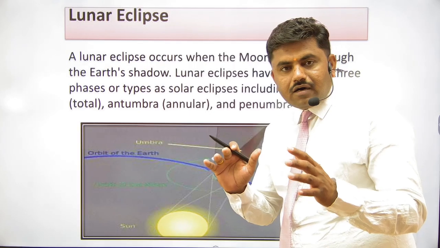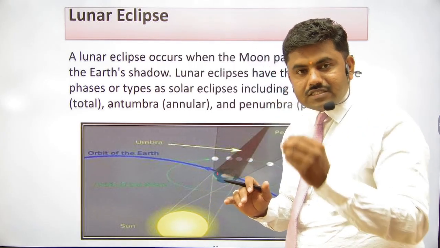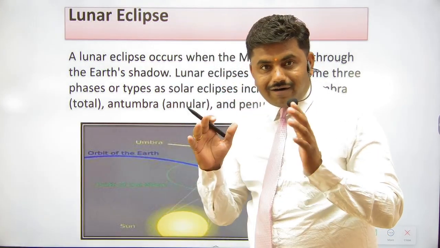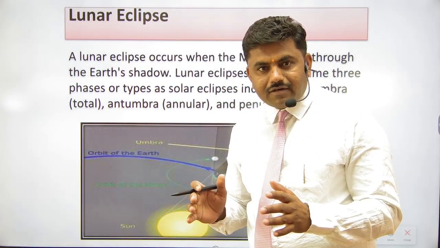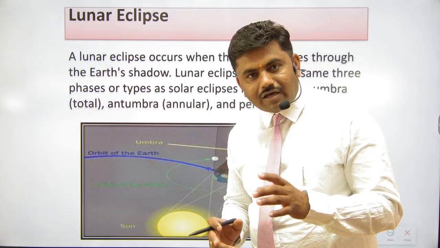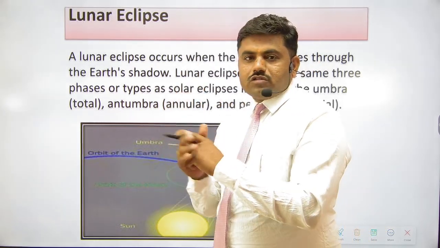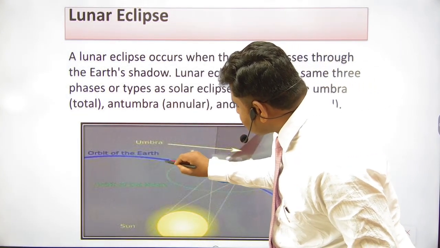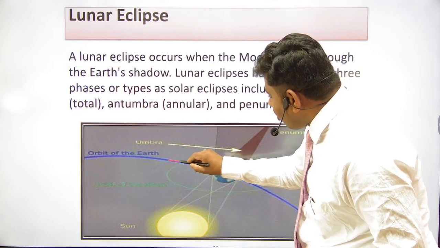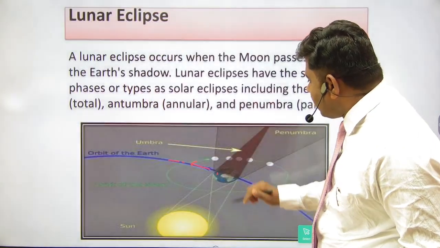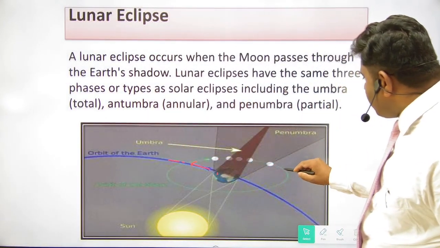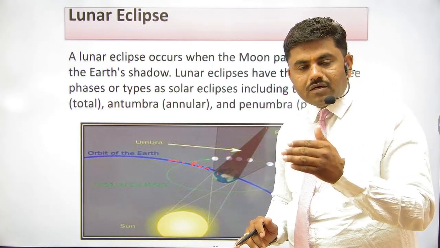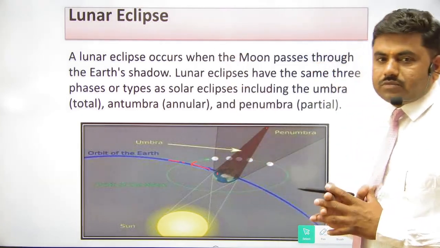The moon is the satellite of the earth and moves around it, and the earth is a planet that moves around the sun. This is the earth's orbit, and when the moon comes under the shadow of the earth, a lunar eclipse happens.